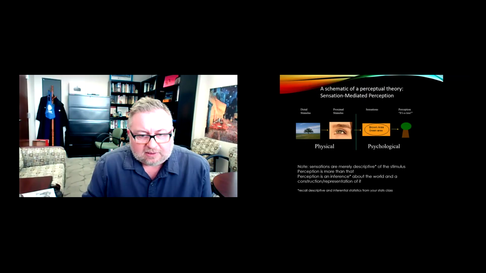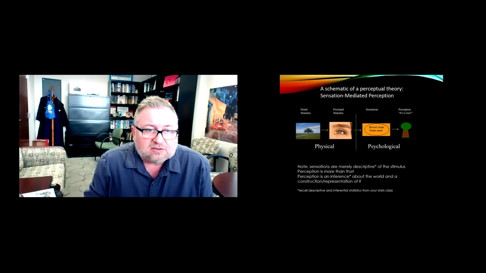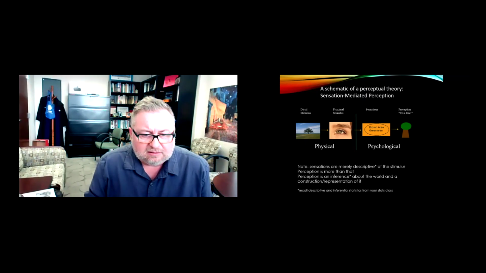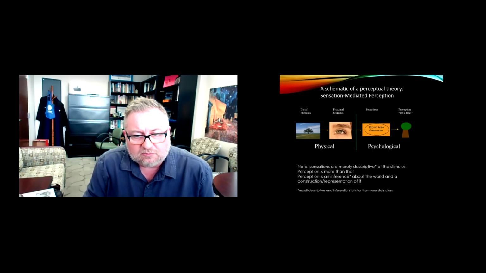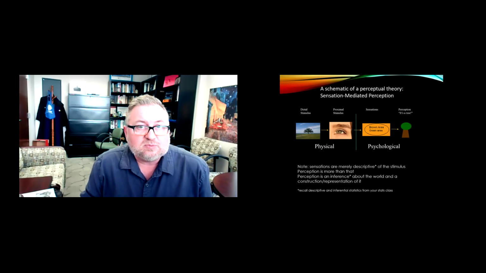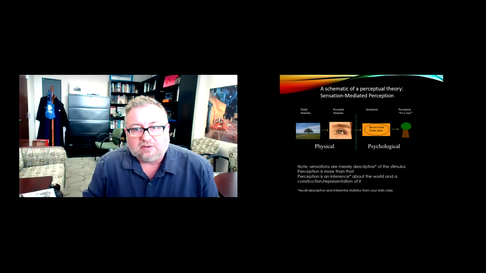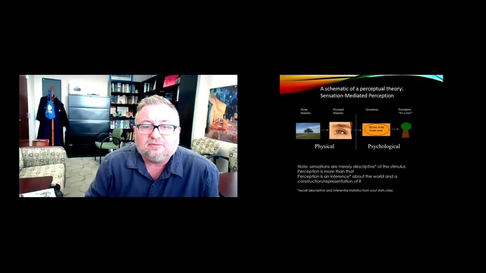We are perceiving this rich external world, and yet the data that feeds into perception, the sensations, are considered impoverished and therefore don't contain all of that richness of the outside world. But nevertheless, perception is in fact a very richly detailed kind of experience.